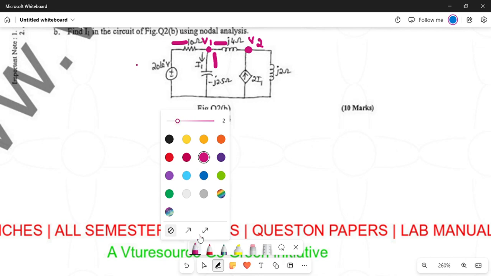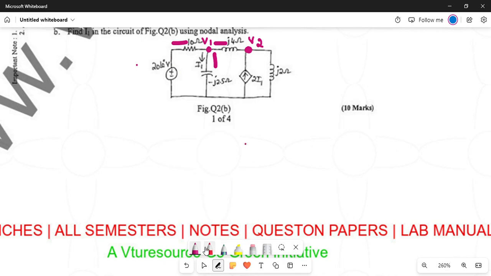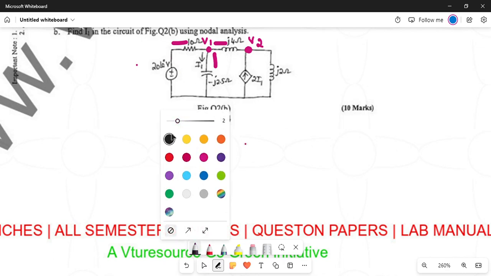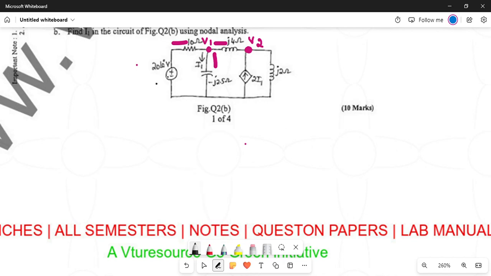So see here, there is a 20 at an angle of 0 first. I'll take black color itself. Here you have 20 at an angle of 0. So what is 20 at an angle of 0? When you calculate in a calculator, you get 20.